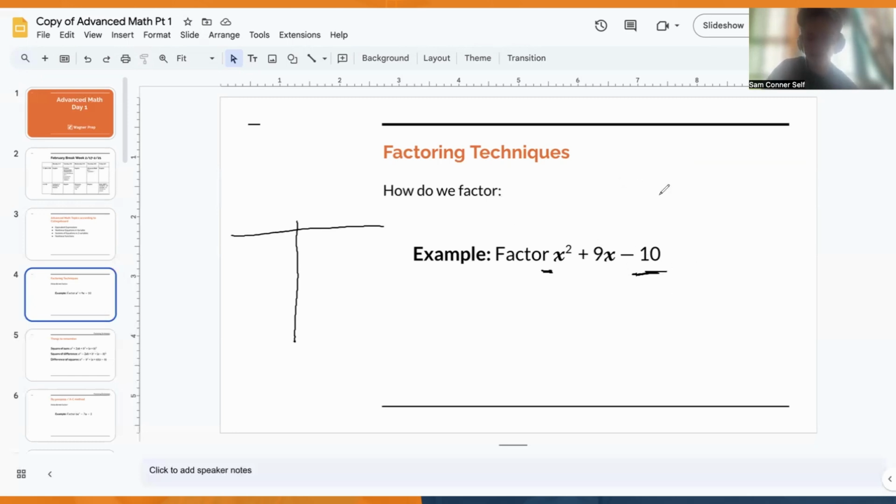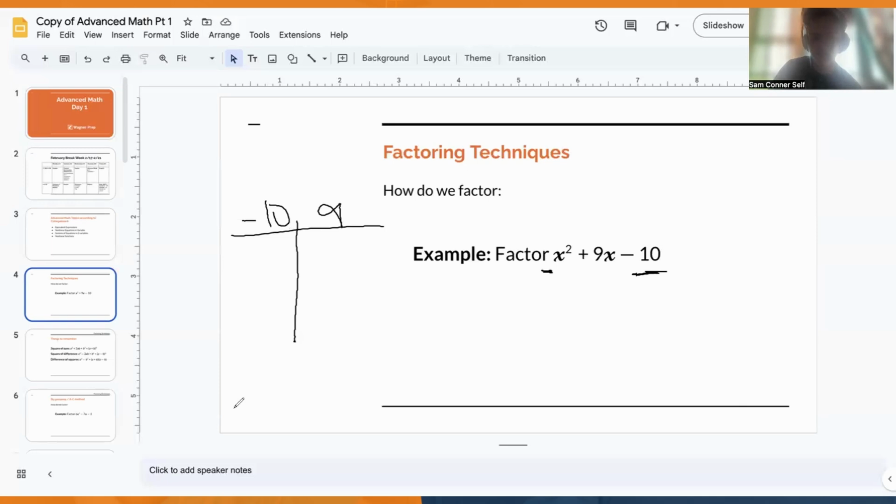But then looking at C, C is negative 10. So to factor, you're going to ask yourself, what are the factors of negative 10 that add up to positive 9? So multiply to negative 10, and then they have to add up to positive 9.